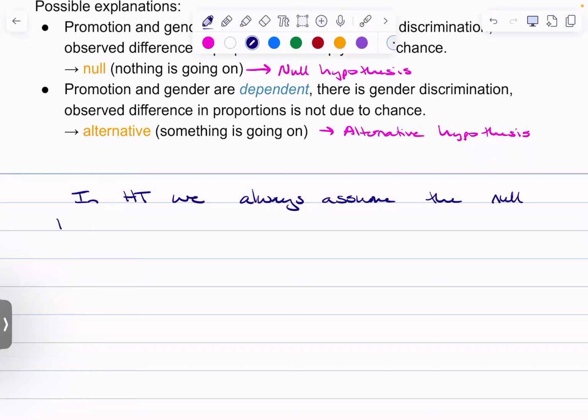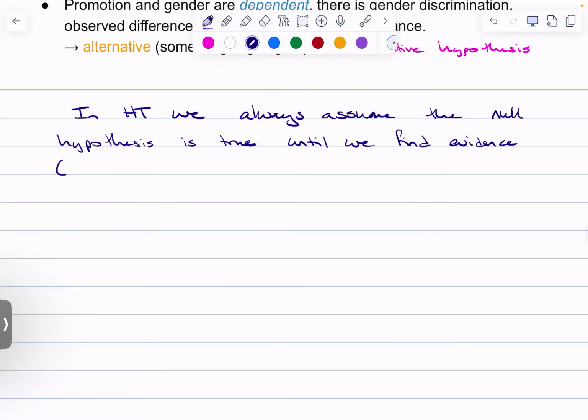So the null hypothesis is true until we find evidence suggesting otherwise. Foreshadowing here, that evidence is going to be a probability.